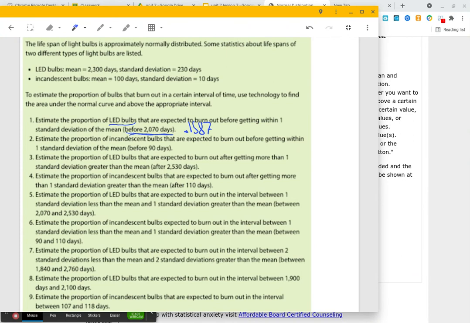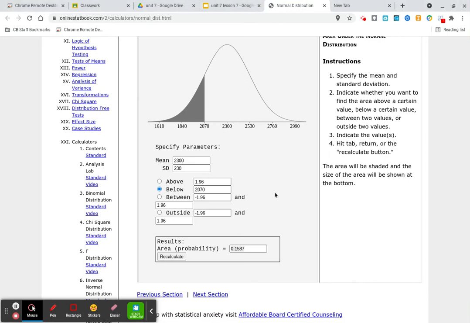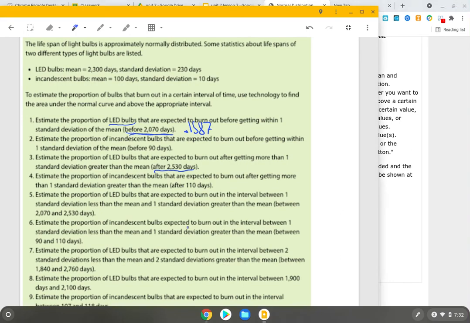I'm going to skip ahead to number 3 since that also has to do with LED bulbs. So estimate the proportion of LED bulbs that are expected to burn out after getting more than 1 standard deviation greater than the mean. In other words, after 2,530 days. So when we do that, since we're talking about LED bulbs, the mean and the standard deviation are going to be the same.